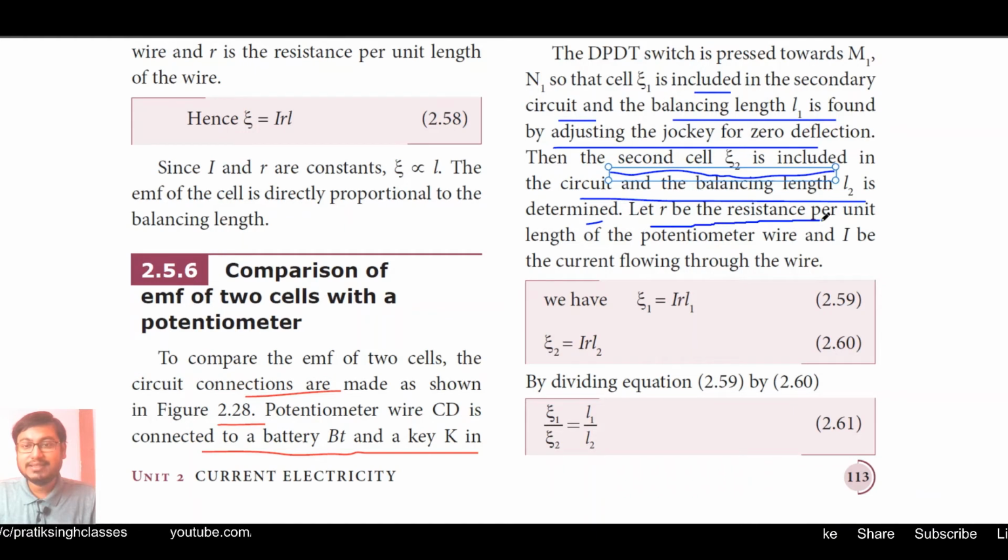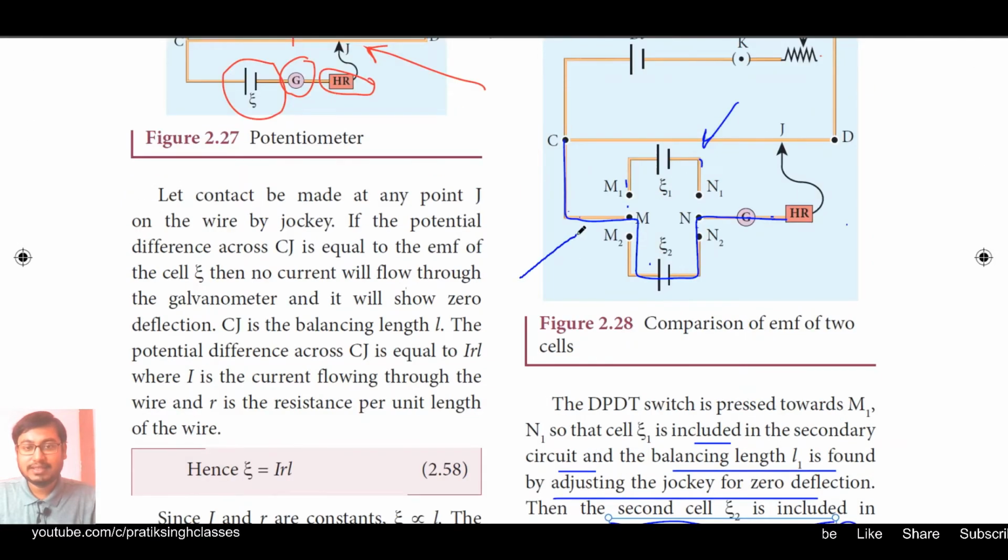Let R be the resistance per unit length. That position where we get zero deflection in this circuit is called L2.